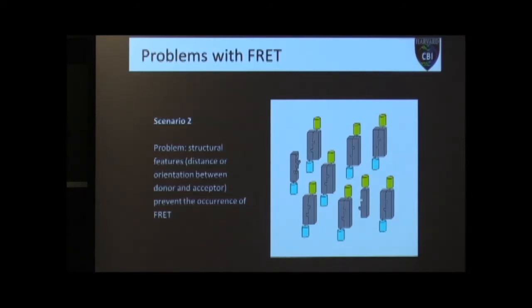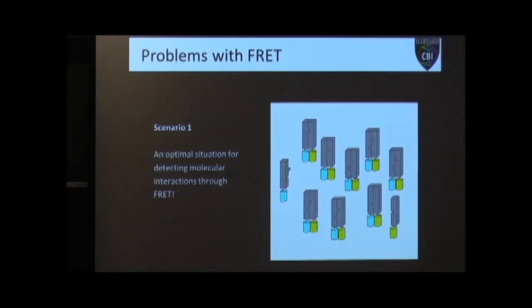Another thing that can happen is, if we go back to the previous slide, you might have them bound to your proteins of interest and oriented at the same side of this complex, but each of these fluorescent proteins has a dipole to it. So if we say the dipole is in the long direction here, these dipoles need to be lined up.